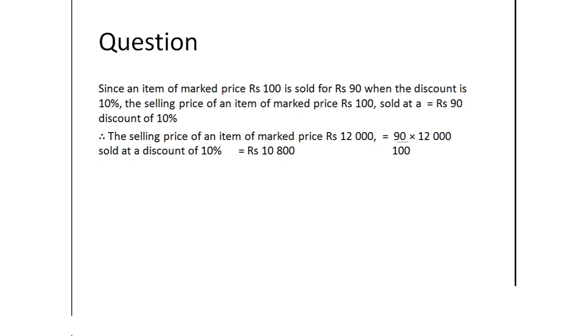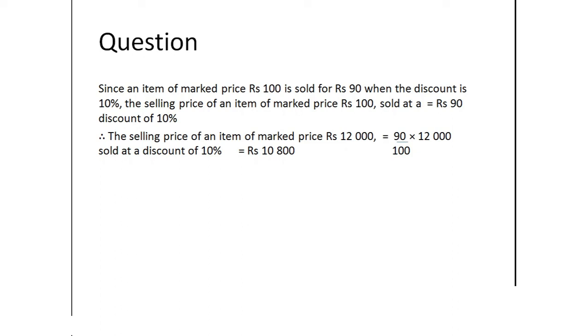Since an item of mark price 100 rupees is sold for 90 rupees when the discount is 10%. Discount is 10%. What do you mean by that? You know that the selling price is 100 rupees. They are giving 10 rupees discount.